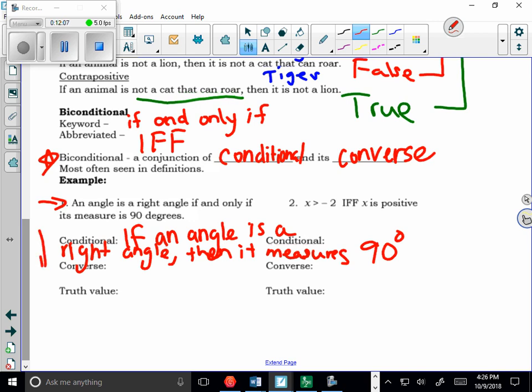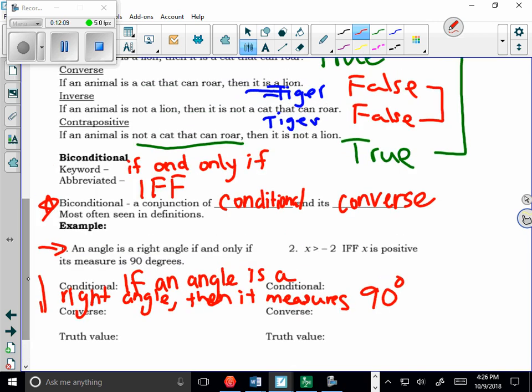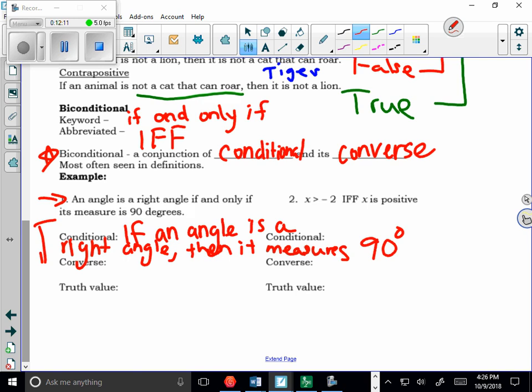But they look at the converse now. Remember, converse, I'm just flipping the order. So I'll say if an angle measures 90 degrees, then it is a right angle.